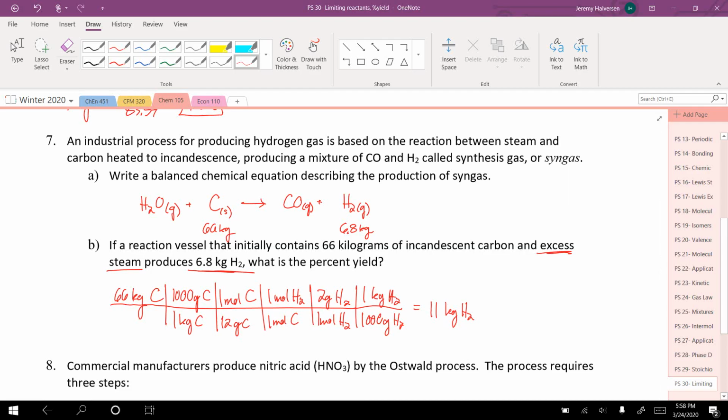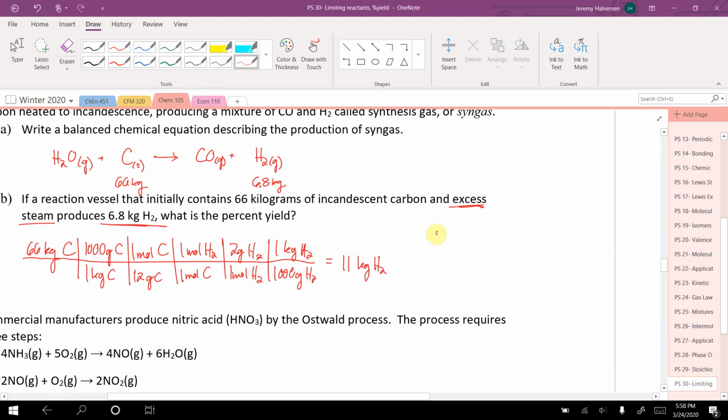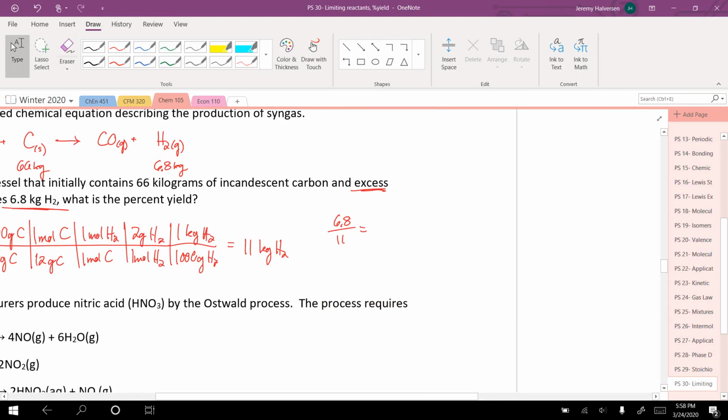But it didn't, because I only got 6.8 kilograms, so my percent yield is going to be 6.8 divided by 11, which gives me 61.8% yield.